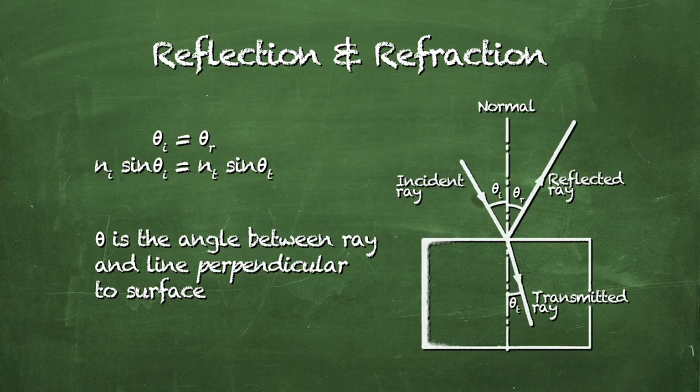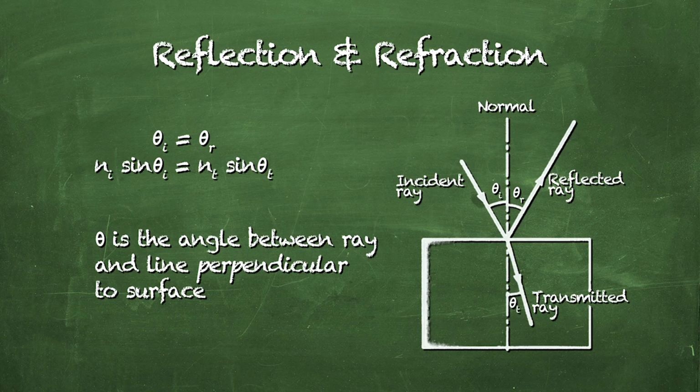The angle of the transmitted ray is related to the angle of the incident ray by an equation: n_i sine theta I, or the index of refraction in the incident region times the sine of the angle that the incident ray makes with the perpendicular to the surface, is equal to n_t times sine of theta t.